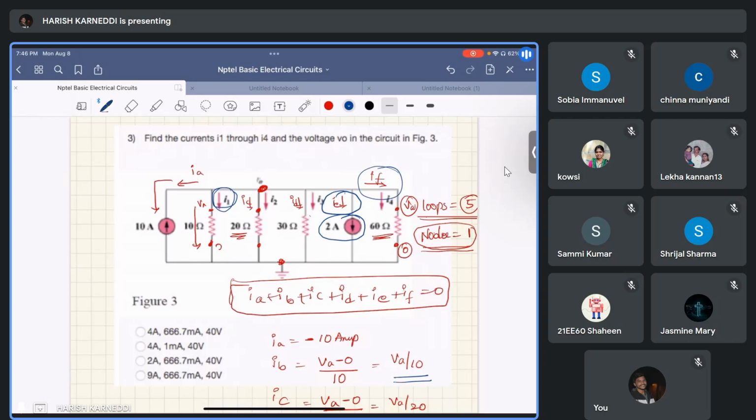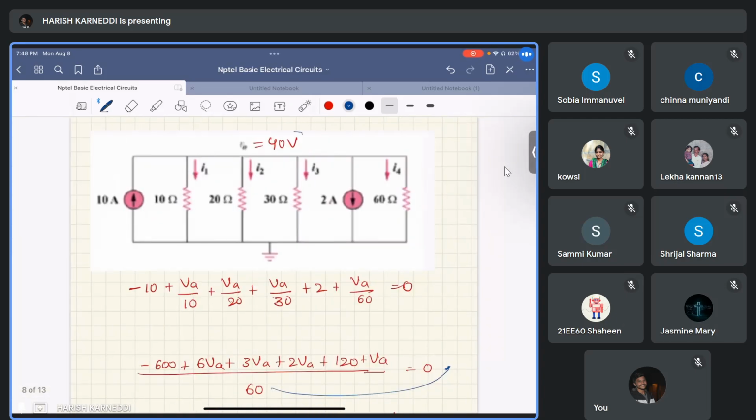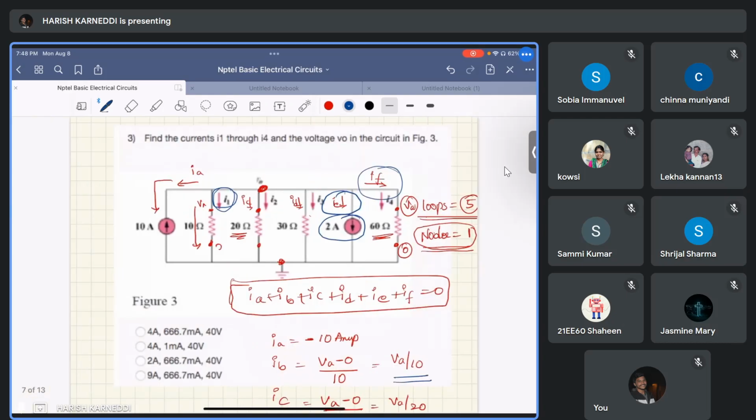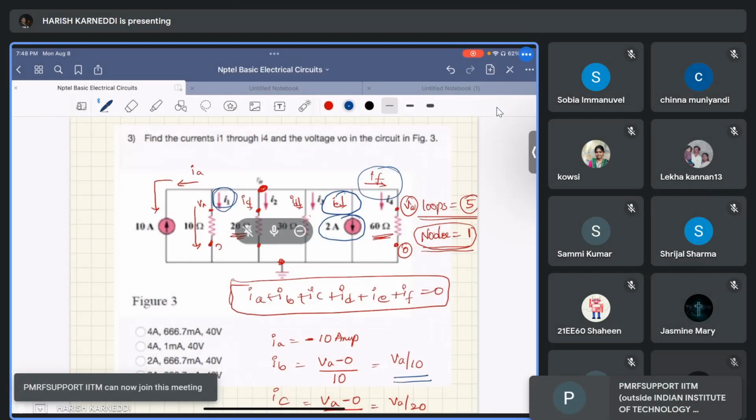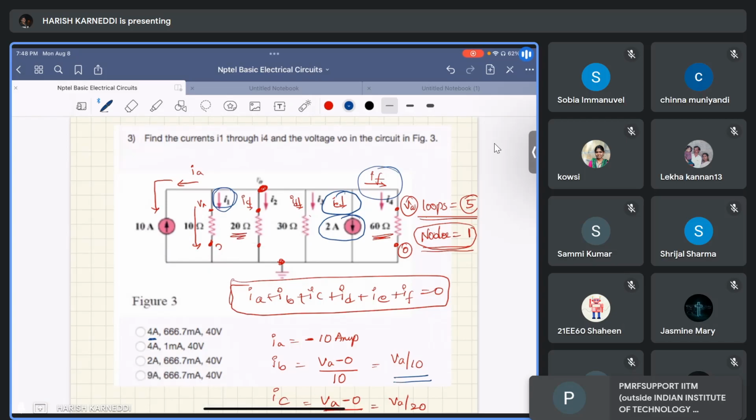And what else do we have to find out? We have to find out V naught. V naught we already found, V naught equal to minus 40 volts. So I1 equal to 4 amperes, and we will write our answers.